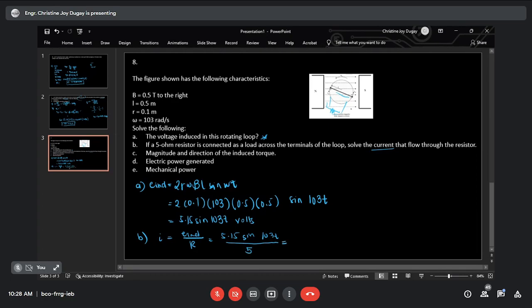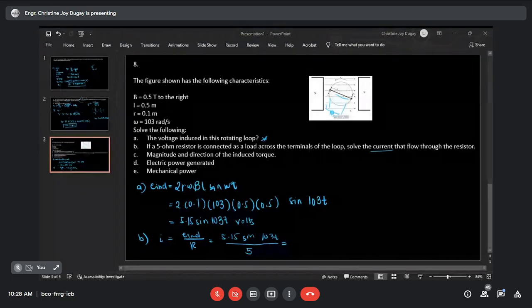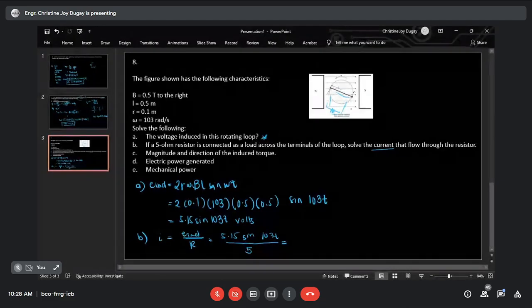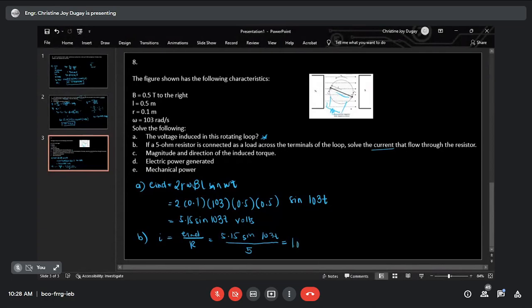So what is now the value of our current? 1.03 sine 10^3 t amperes, no?